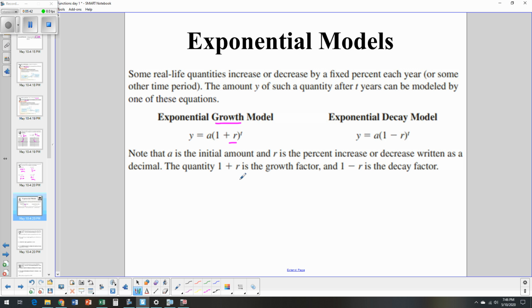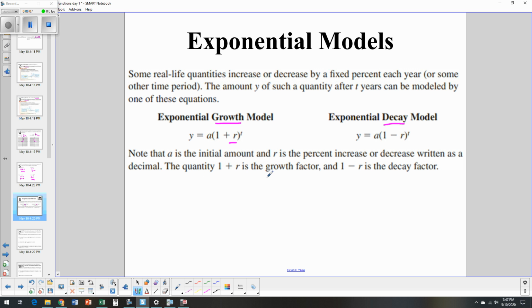So the r is going to be written as a decimal, and it's raised to the t power, and t stands for our time. In exponential decay, the difference is it's a minus instead of a plus. So that's why anything inside here ends up being bigger than 1 for growth because we were adding something to it. For decay, it's always less than 1 because we were taking something away.